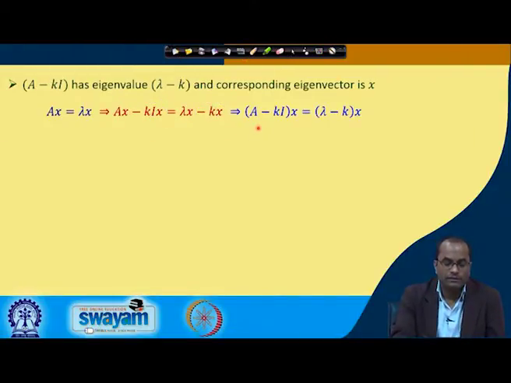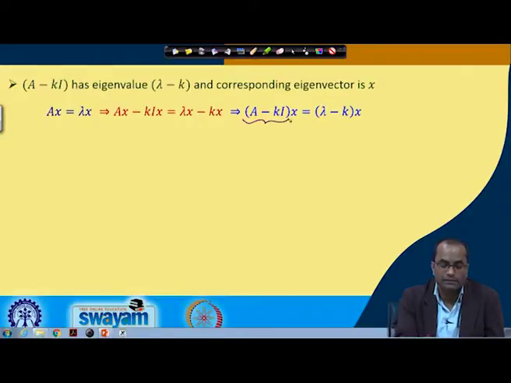So, having this, now we can take this x common from the left hand side. So, A minus kI into x is equal to, here also, lambda minus k into x. So, this relation tells us that A minus kI has the eigenvalue lambda minus k.